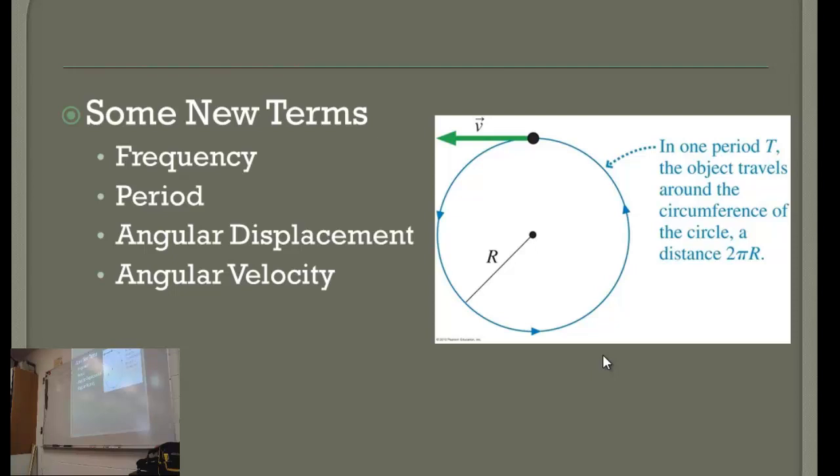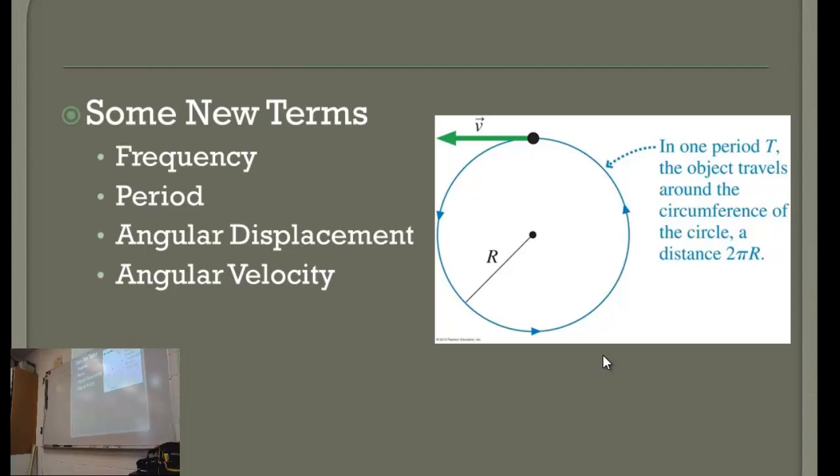Looks pretty similar, right? Because it's the same thing. The only difference is instead of velocity, acceleration and initial velocity, we have final angular velocity equals angular acceleration times time plus the initial angular velocity.